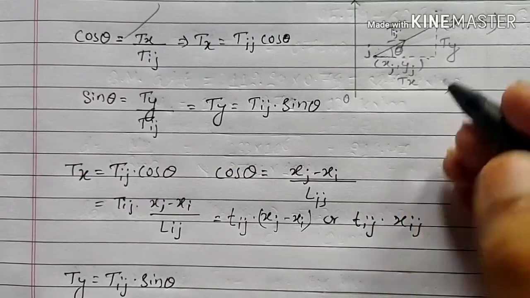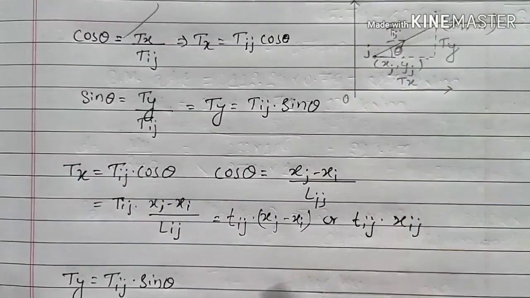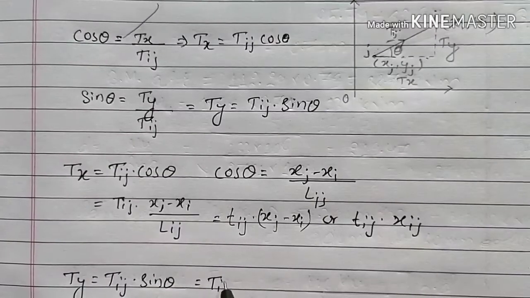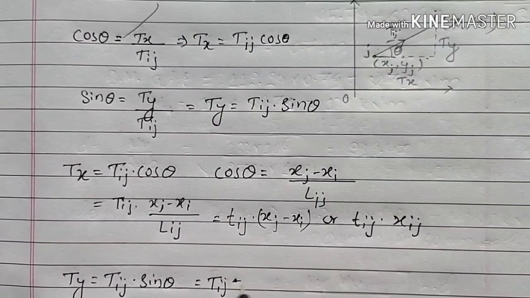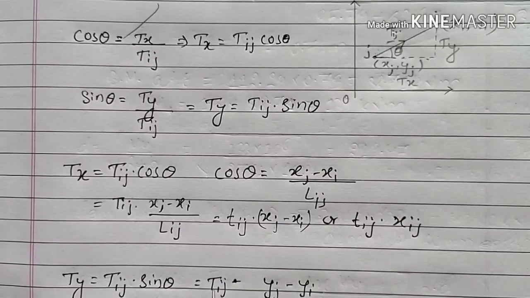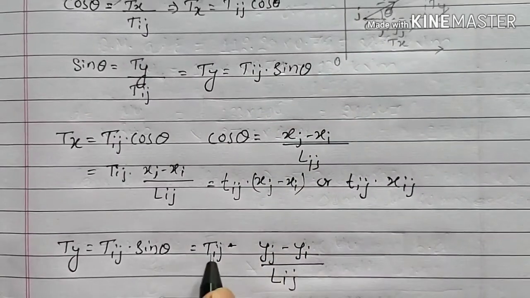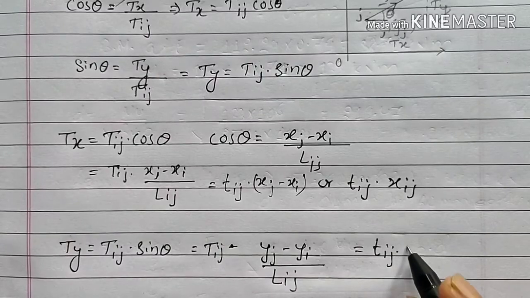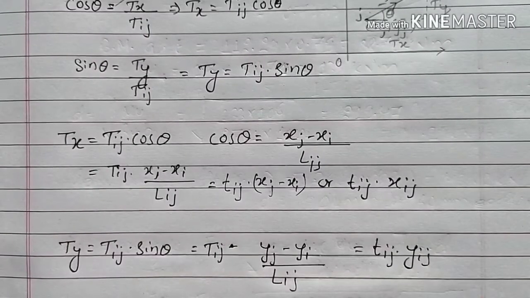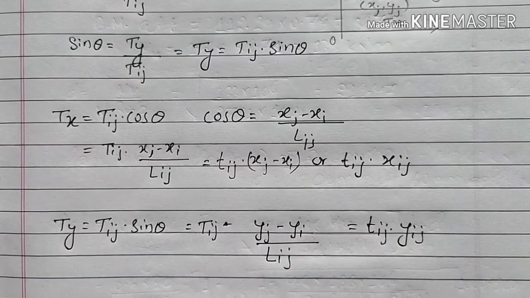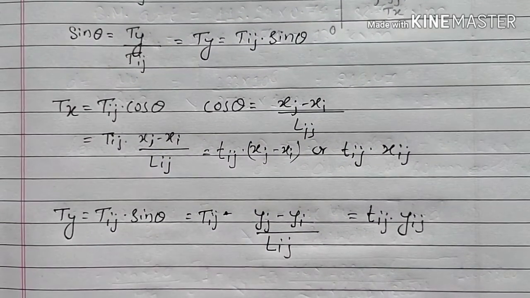And similarly for sin theta, let me write it down here, Ty equals Tij times sin theta, and sin theta is along p, or along the y axis, so we will have Tij times yj minus yi upon Lij. Again we can write it as small tij times yij. And now we come toward the general equation for the equilibrium along x and y direction.